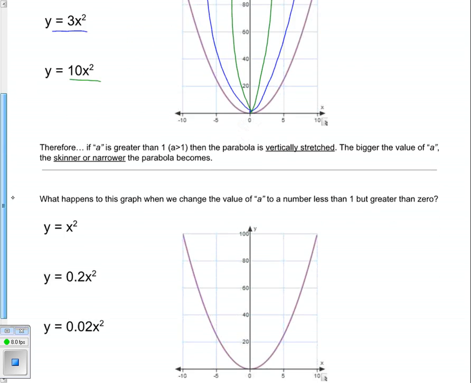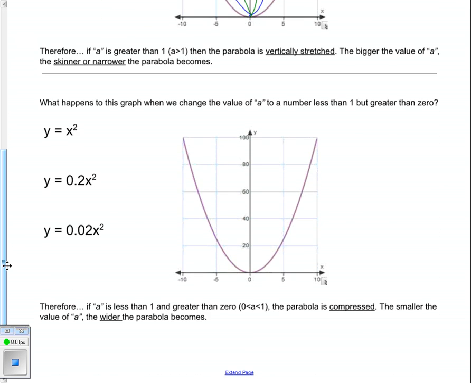And we can also look at it from the opposite direction as well. Okay? What happens if we change the a value to be a number that is less than 1, but still bigger than 0? Okay? So again, in this instance, on the right-hand side, we have the parent form of the parabola. And so we've got graphed, y is equal to x squared. Okay?